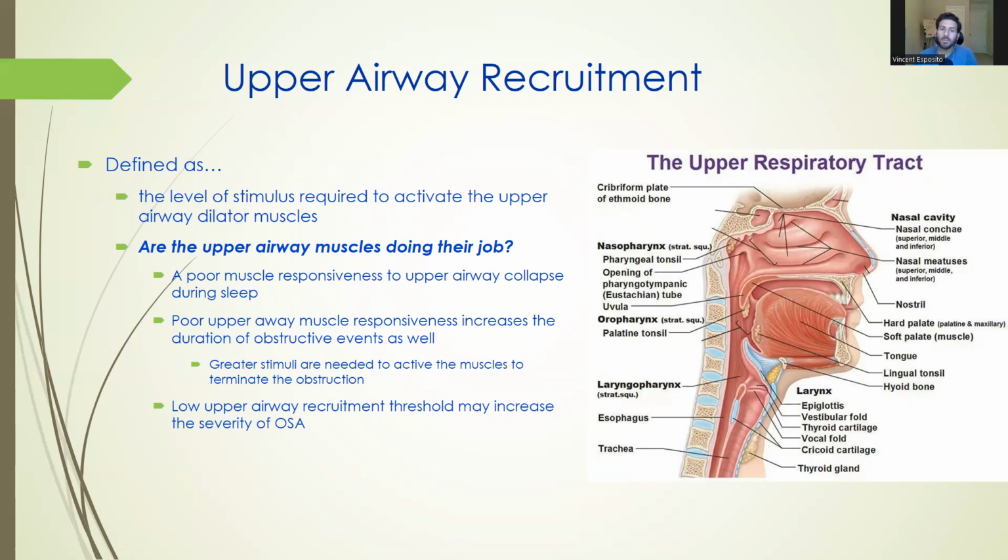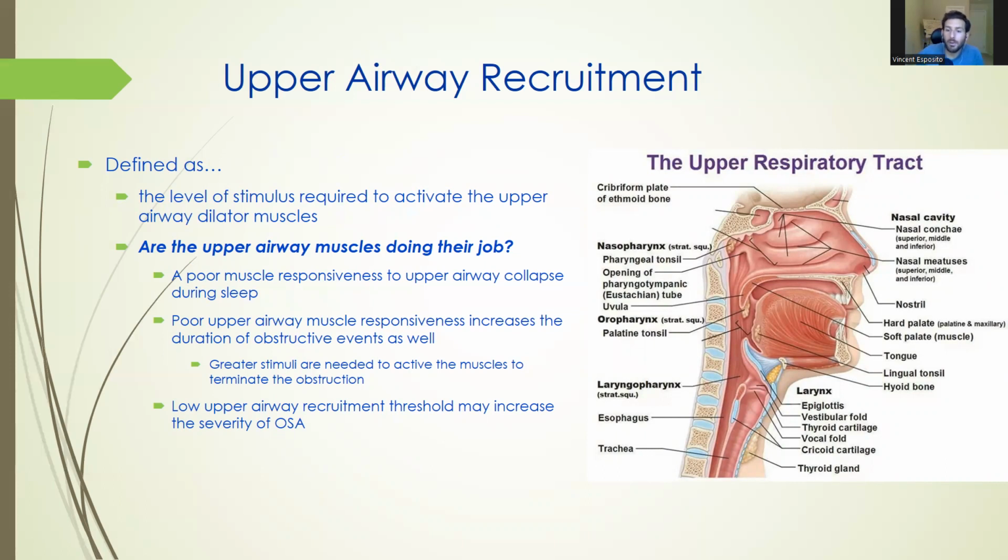Poor upper airway muscle responsiveness to collapse during sleep increases the duration of the obstructive events as well. So in other words, if the airways are not toned, or the muscles are not toned, they are more likely to collapse.